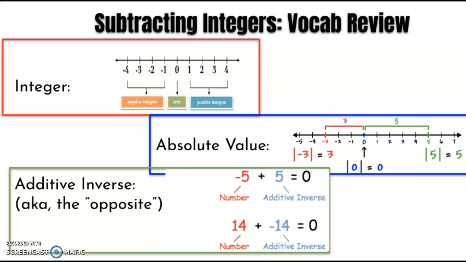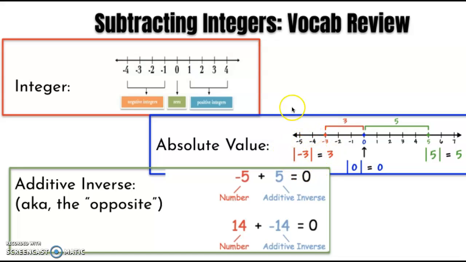The first vocab term we need to review is the word integer. An integer is 0, positive whole numbers, and their opposites, which are negative. Absolute value is how far from 0 an integer is on a number line. The absolute value symbol is these vertical bars here.